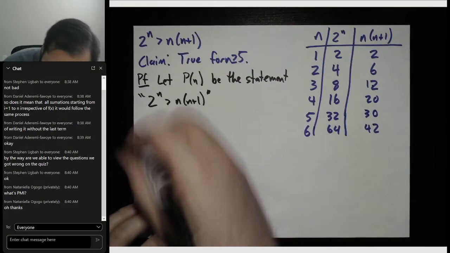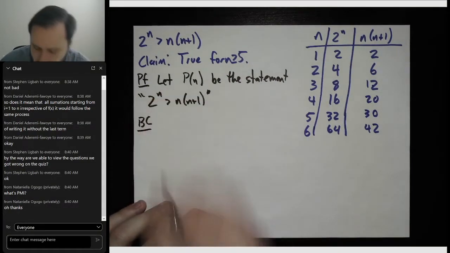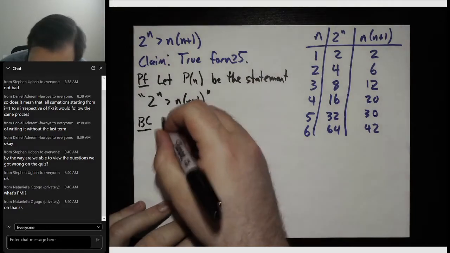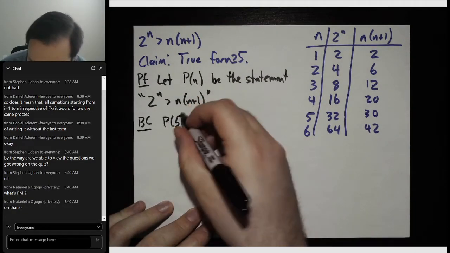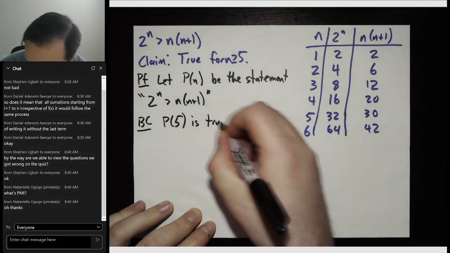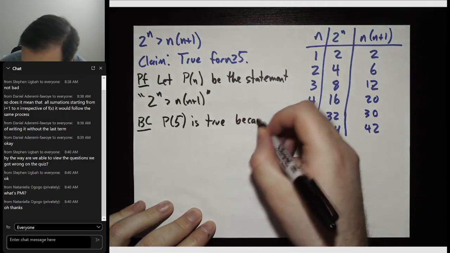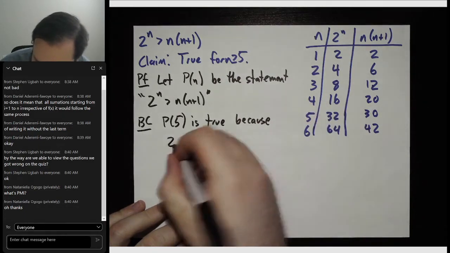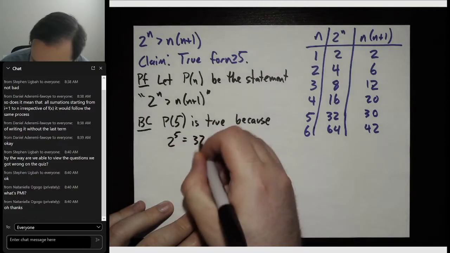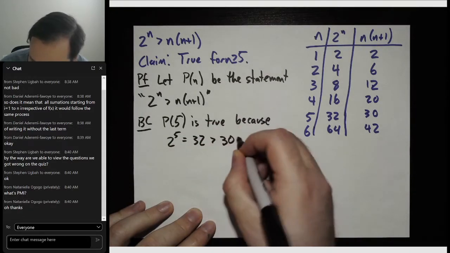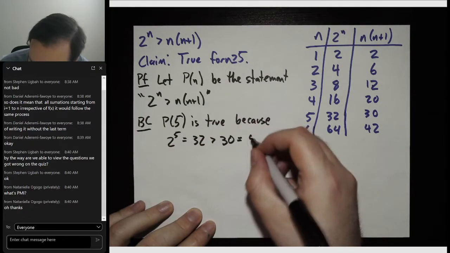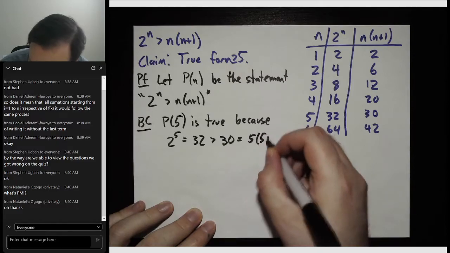And my base case, instead of starting with P of 1, I'm just going to skip right to P of 5 is true, because 2 to the 5 is equal to 32, which is bigger than 30, which is equal to 5 times 5 plus 1.